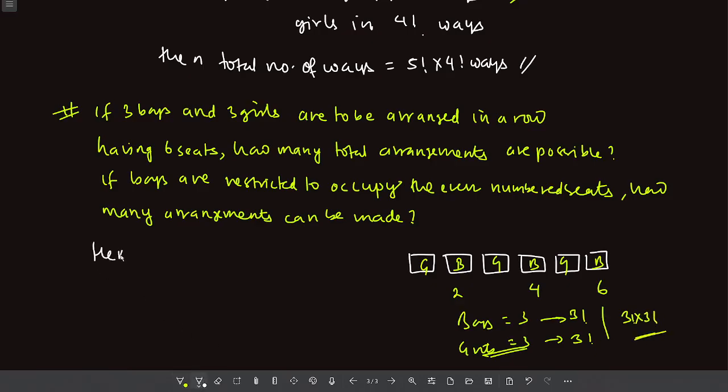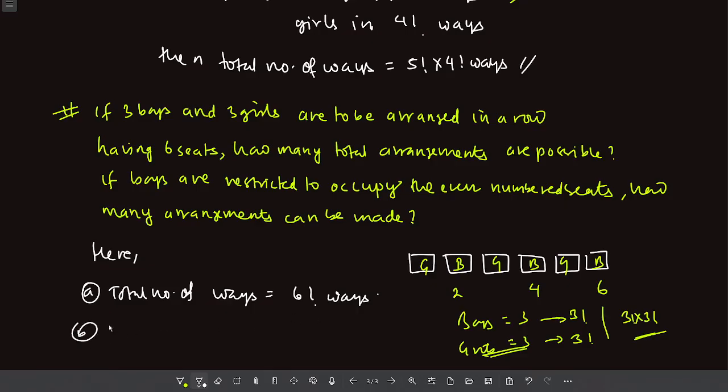So here we can say, for the first question, total number of ways equals 6 factorial, because we need to add all the number of boys and girls.